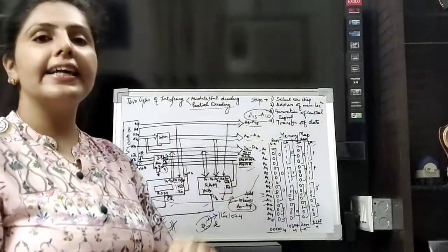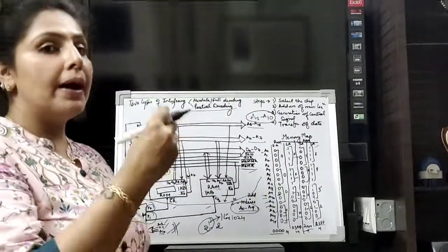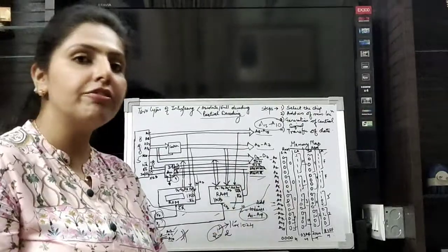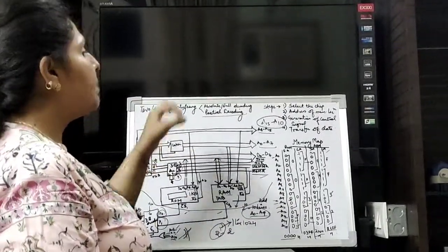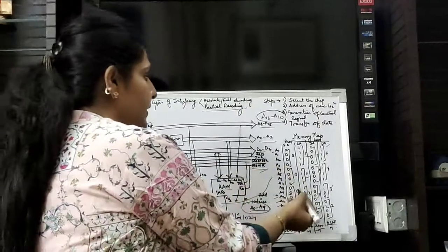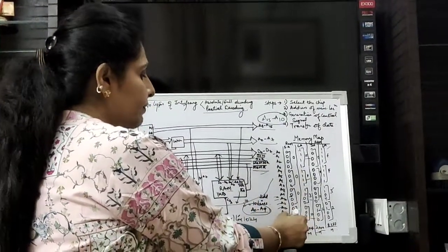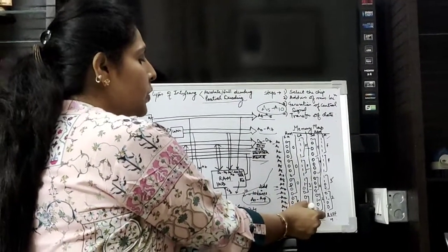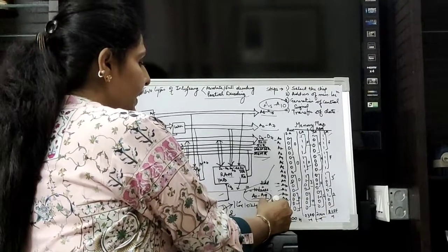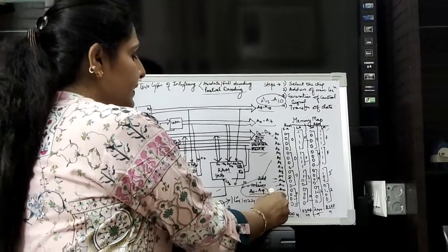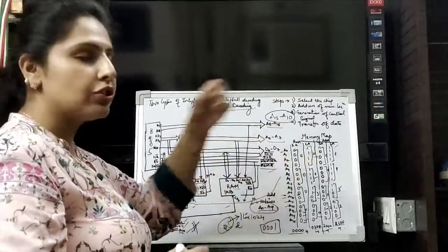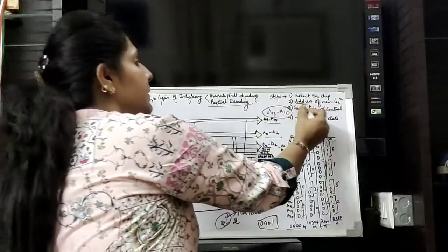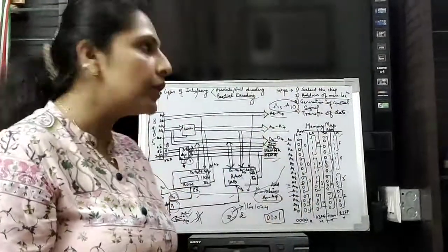Next is the address of the memory location, that is, the address of a register. We have a number of registers, and a particular address of a register. For example, if we are dealing with 0000 to 03FF and in between I have taken one address, 0001, this is one of the memory locations of ROM. So this is the address of the memory location.